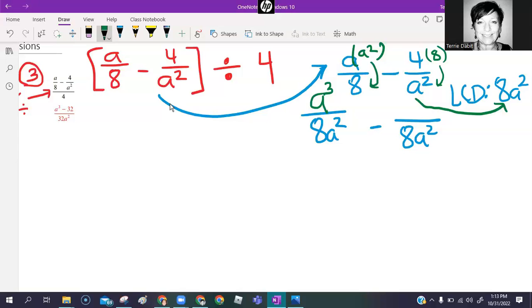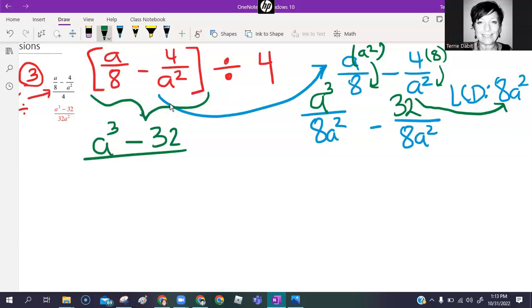I'm missing an 8. So 8 times 4 gives me 32. So now I'm able to write all of this as a cubed minus 32 over 8a squared, divided by, we still have divided by 4.